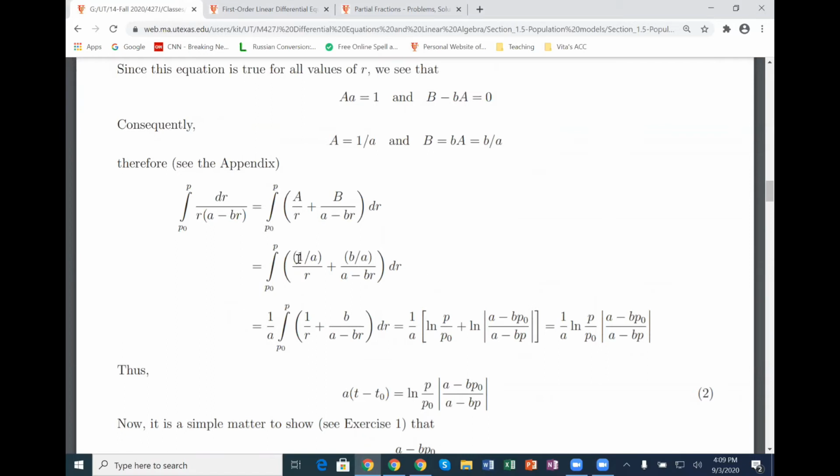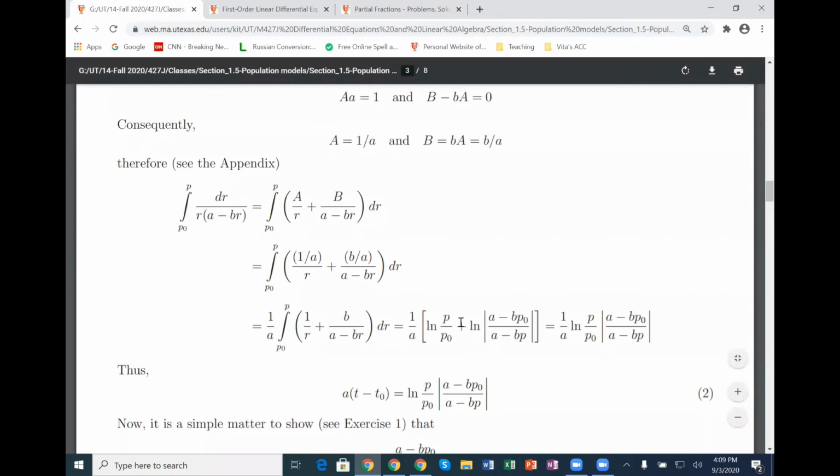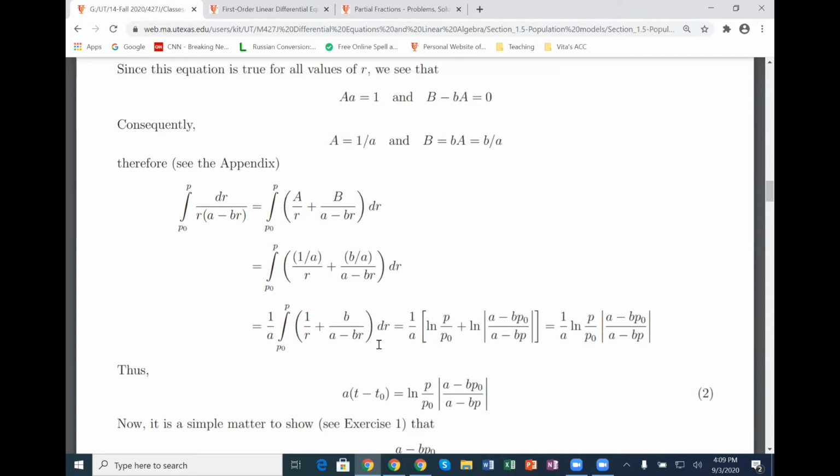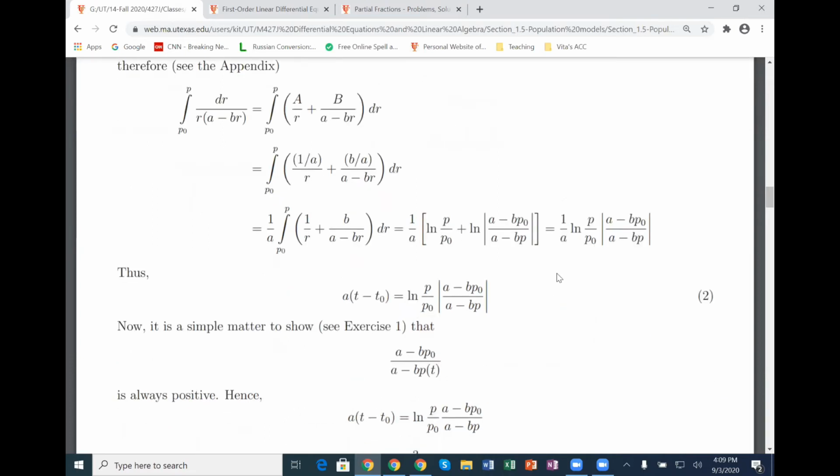First, let us factor out the common term, which is 1 over a. Done. And then, integral of 1 over r is equal to this, and integral of b over a minus br is equal to this. Why is that?